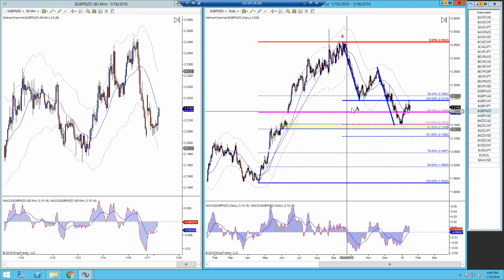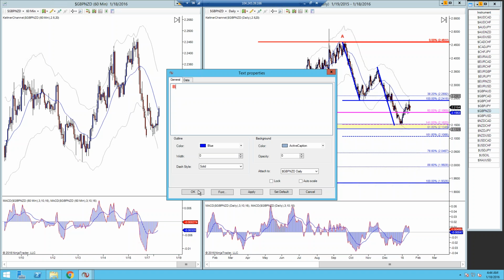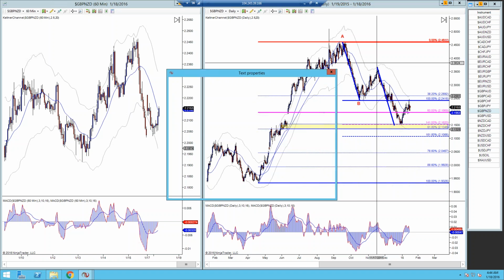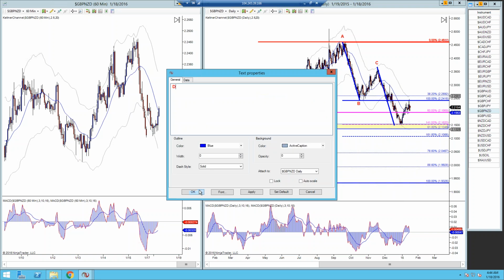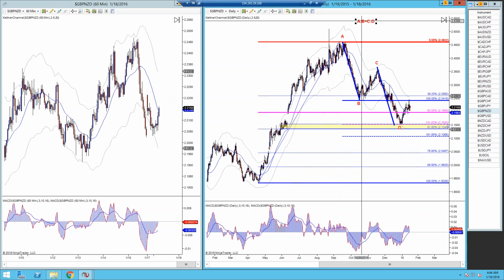A to B equals C to D. In this case, A to B, B equals C, D, okay? This is called a one-to-one relationship because it's one-to-one.